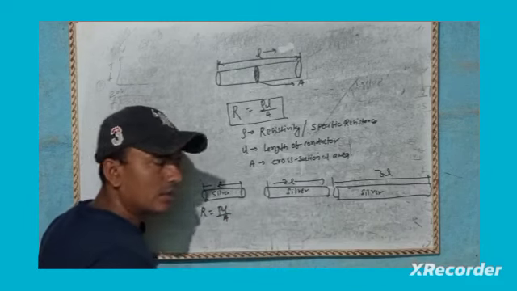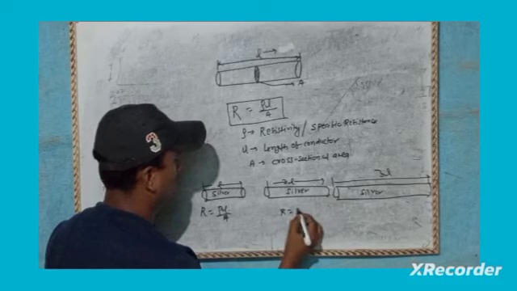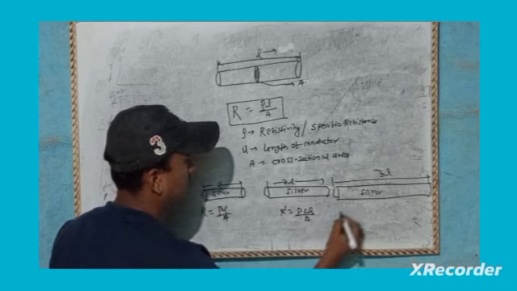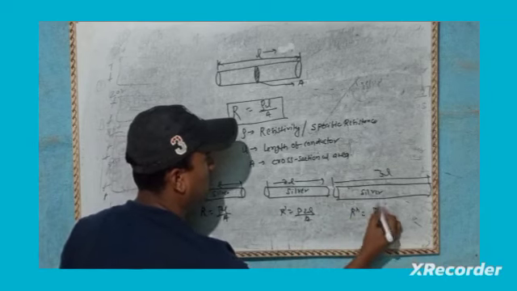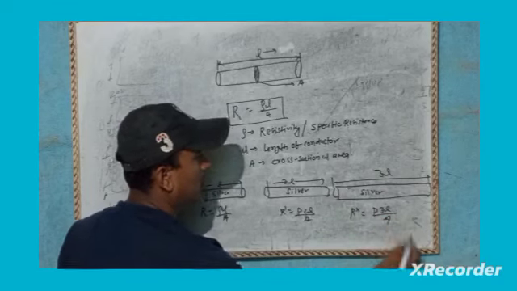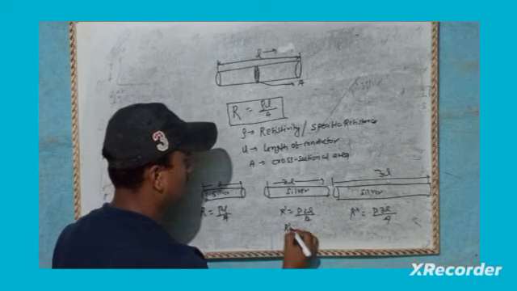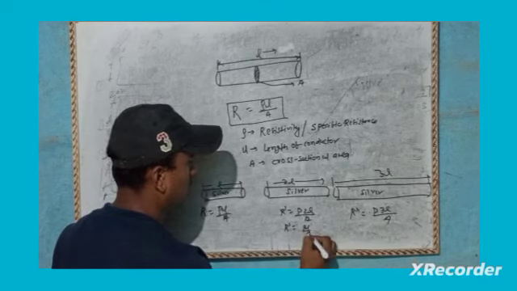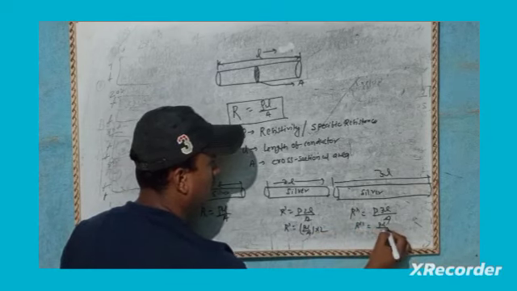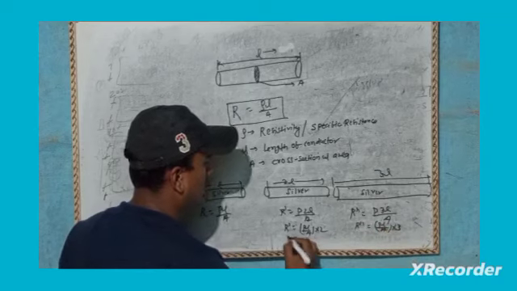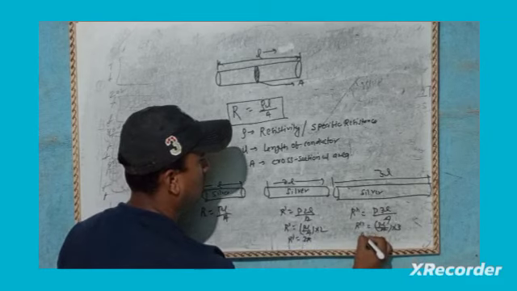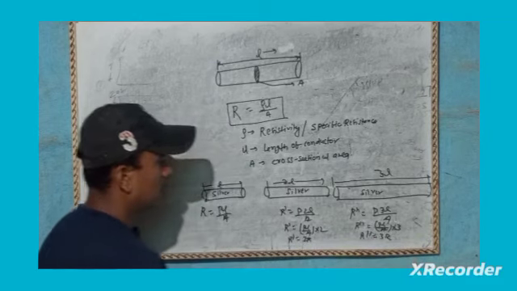Here suppose R is equal to rho L by A. Consider all the cross-sectional areas the same. Here R is rho L by A. For the next piece, the length is 2L, so R dash is rho 2L by A. Here the length is 3L, so R double dash is rho 3L by A. Yes or no? So R dash is 2R and R double dash is 3R.